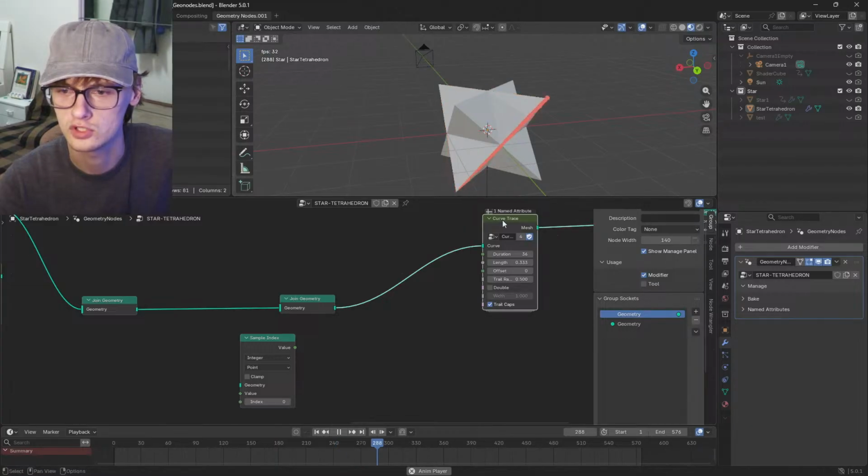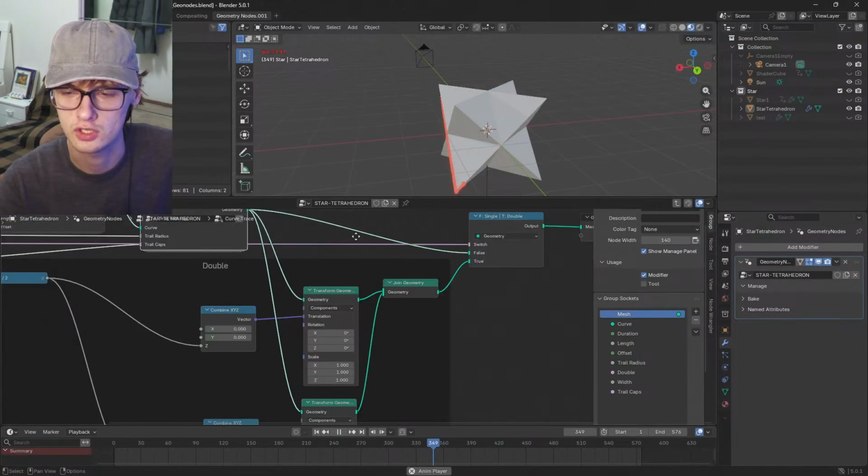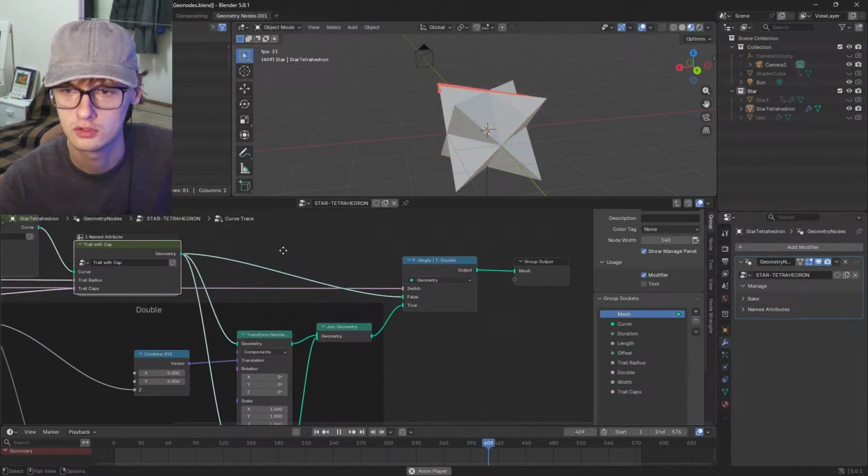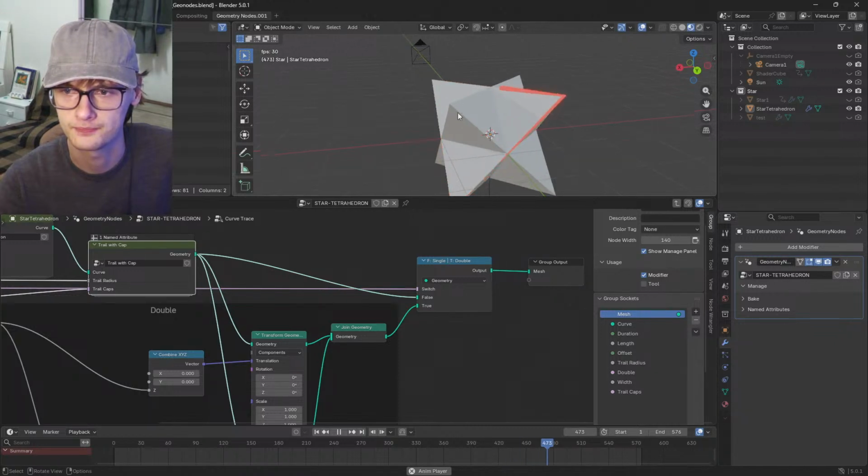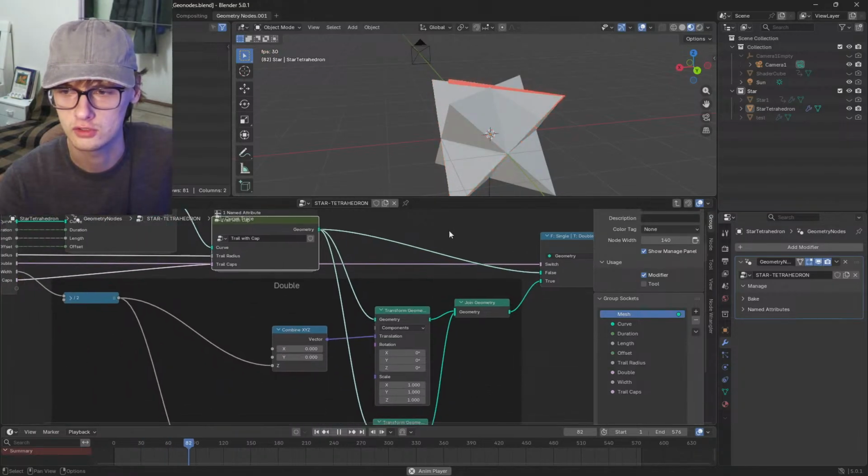This is a node which I've built where it traces every curve, with one end pointy and the other having a spherical cap.